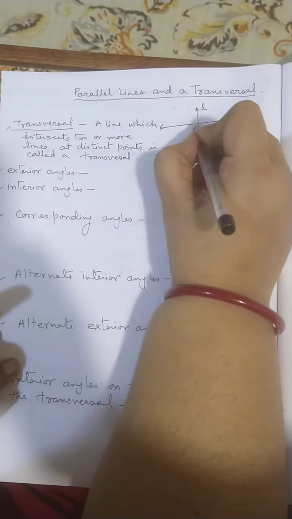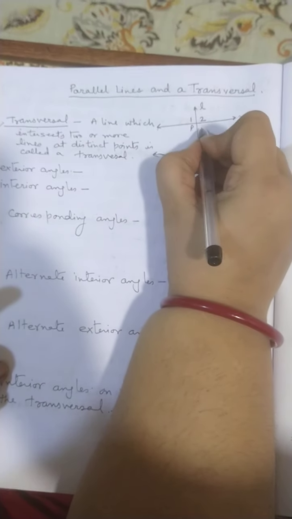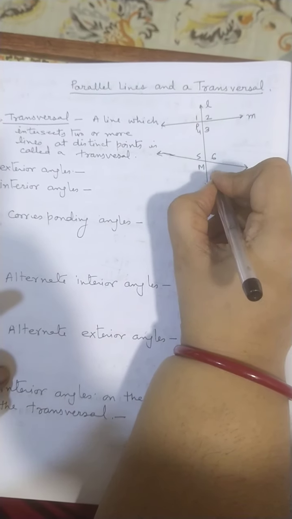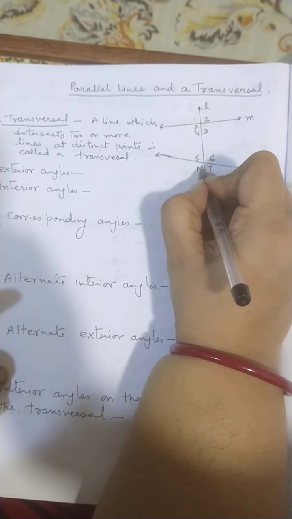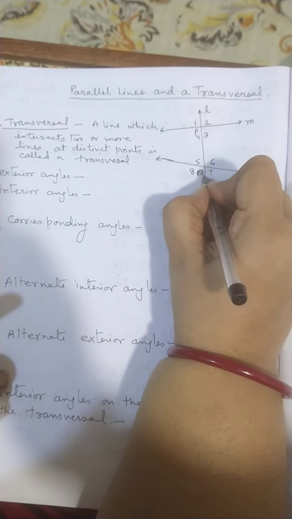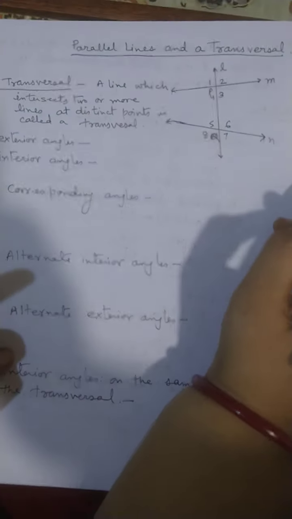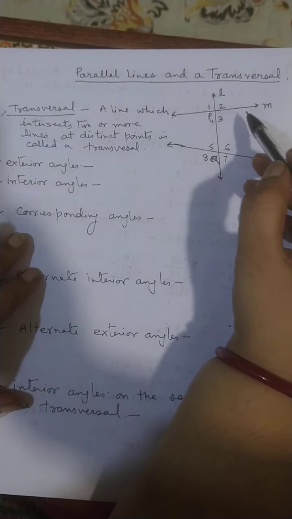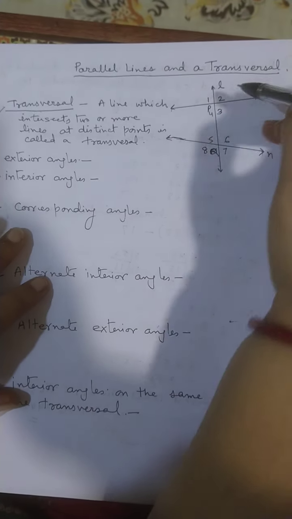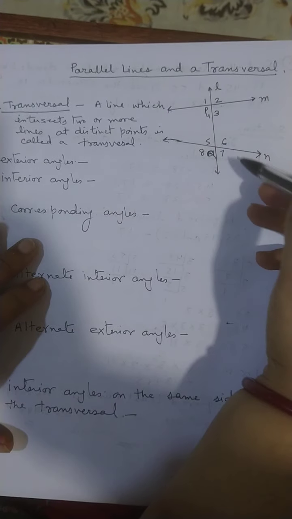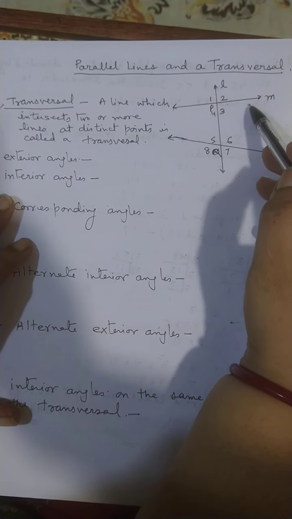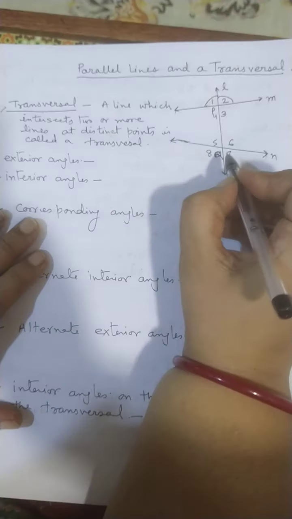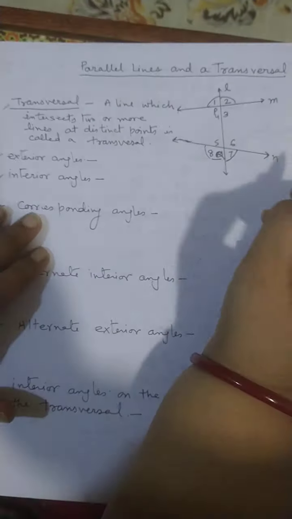First, let us name the angles 1, 2, 3, 4, 5, 6, 7, and 8. So we see that some of the angles are above the line M and below the line N. Above the line M, that is angles 1, 2, 7 and 8.